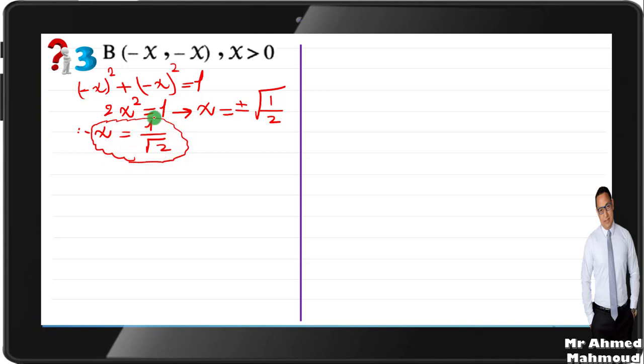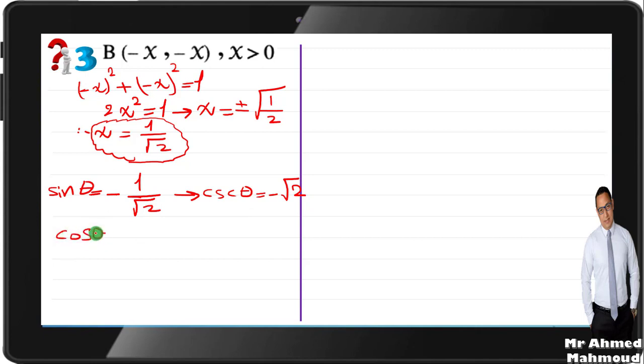Okay, this is x. Now the cosine equals negative 1 over root 2 and the sine equals negative 1 over root 2. So sine theta, which is negative x, equals negative 1 over root 2. You can simplify this one by using a calculator. Now cosec theta equals negative root 2 over 1, which is negative root 2.